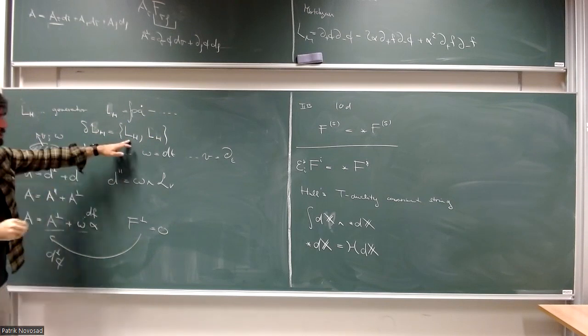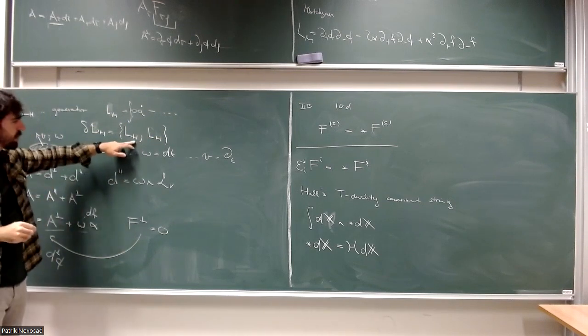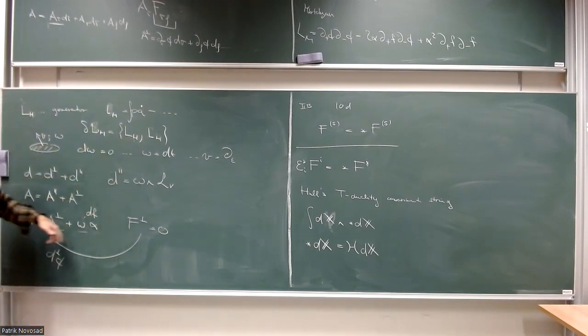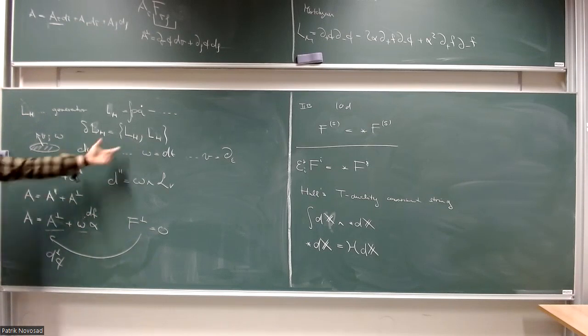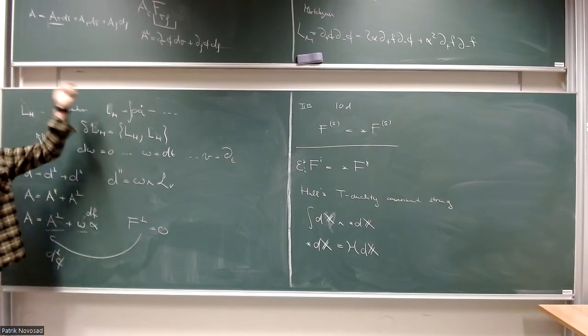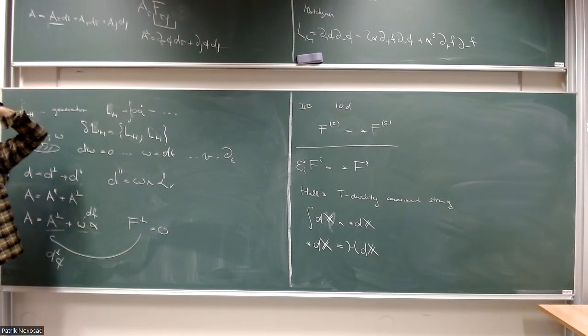And if you take this generator and look at what it does to these fields, it will generate the other symmetry. So you get both symmetries. And this is like an operator acting on something. Yeah, that's a Poisson bracket, the one obtained from the canonical kinetic term of Chern-Simons.